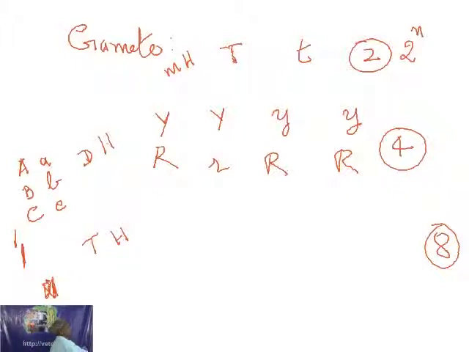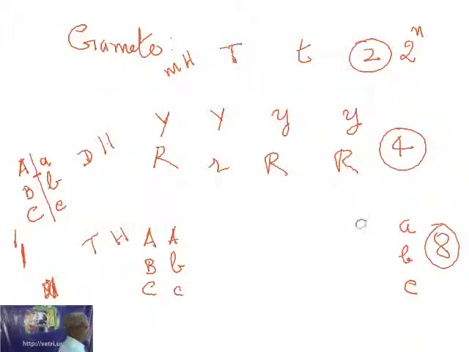See how I am writing? First, like this: capital A, capital B, capital C. Then small a, small b, small c. Now I put a full stop here. That is capital A, small b, small c. Then here small a, capital B, capital C. Now I am putting a stop here.